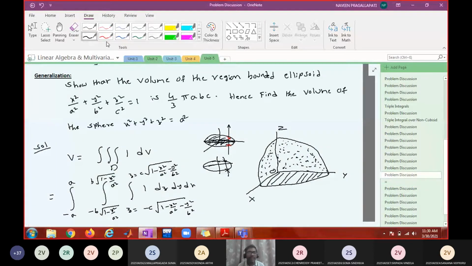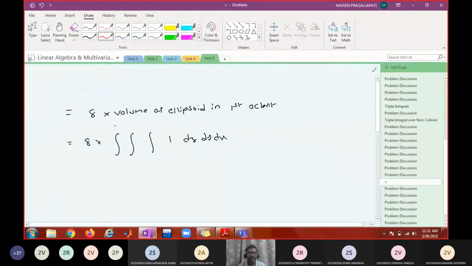Now you see, when you draw a line parallel to the z-axis starting from the projection in the first octant, it starts from z equal to 0 and leaves through the ellipsoid. Therefore, what are the z values? Z varies from 0 to, since it is leaving through the ellipsoid and in the first octant it has to be positive, c into root of 1 minus x square by a square minus y square by b square. And what are the x and y limits?